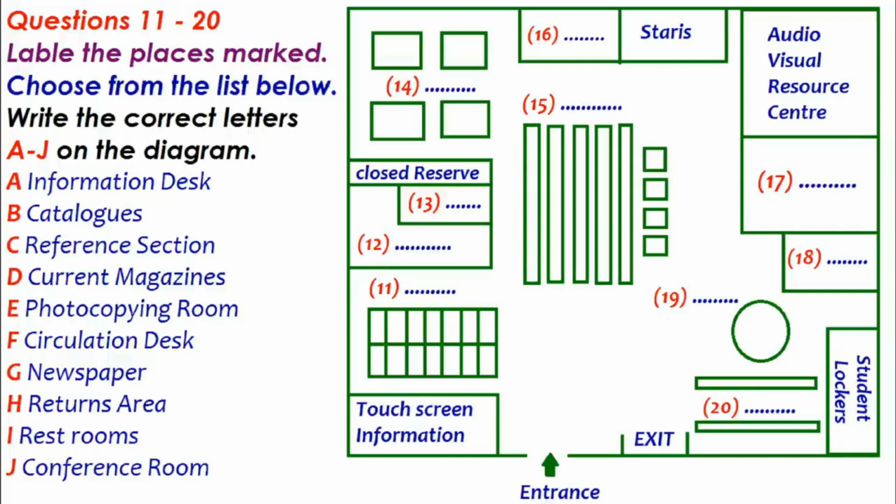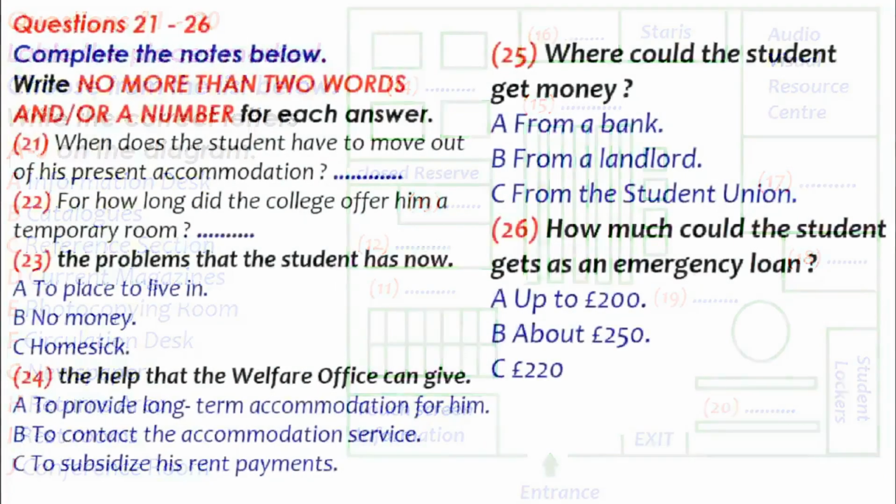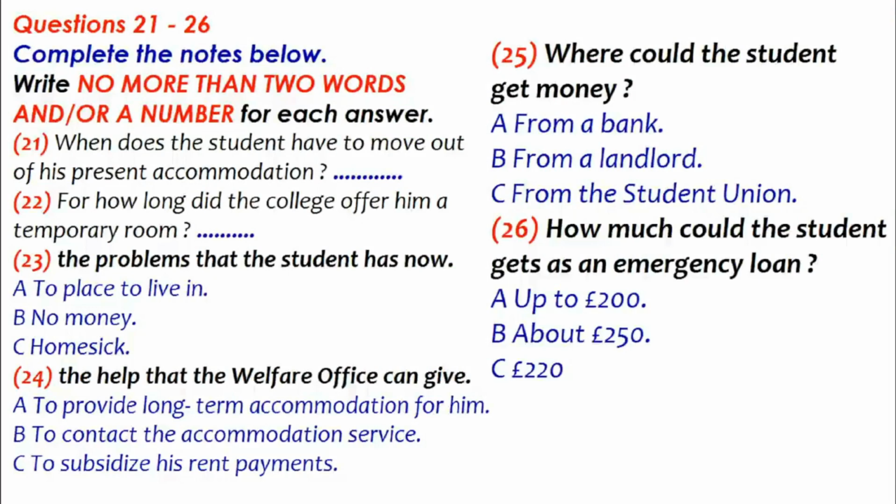You now have half a minute to check your answers. Now turn to part 3. Part 3. You will hear a conversation between Caesar and a welfare officer.